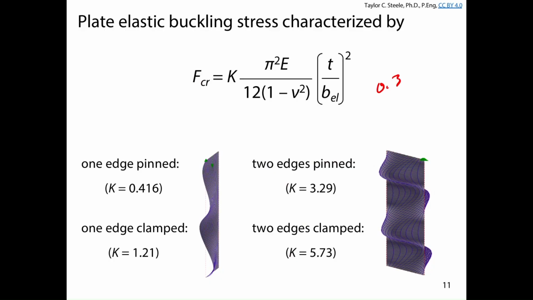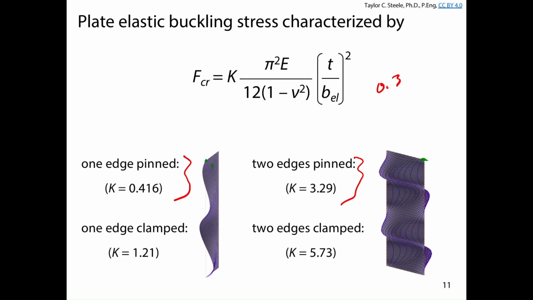If we prevent those edges from rotating in and out, then that's going to increase the stress as well. Generally speaking, we tend to err on the side of being slightly conservative, so we generally look at the lower case of having the one edge or two edges pinned against translation and not against rotation.